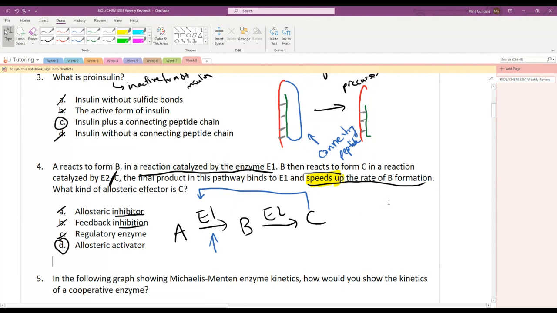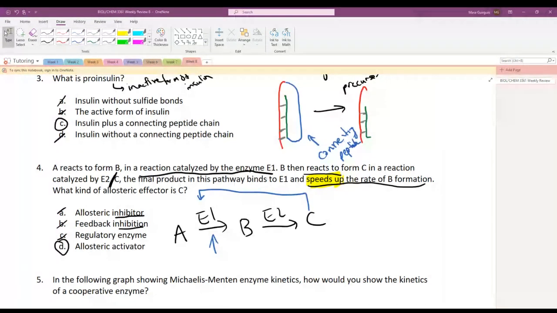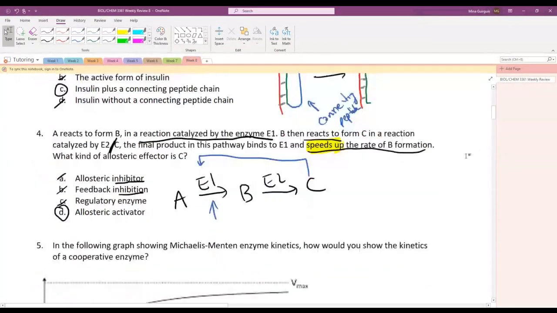When that happens, it can either increase or decrease the rate of binding and thus the rate of reaction with the rest of it. So needless to say, if you've got cooperativity, your reaction rate isn't just going to follow Michaelis-Menten kinetics.